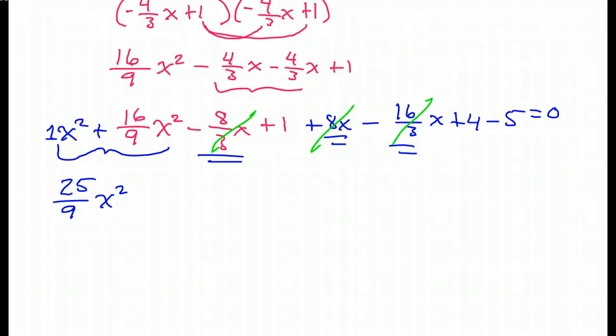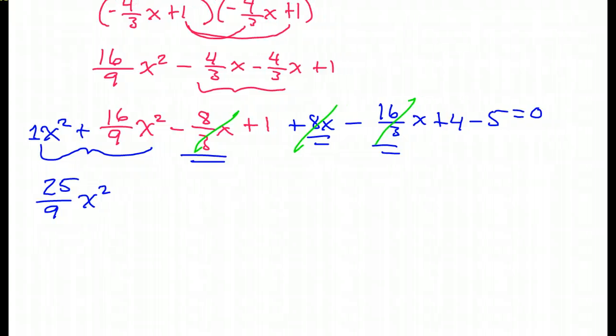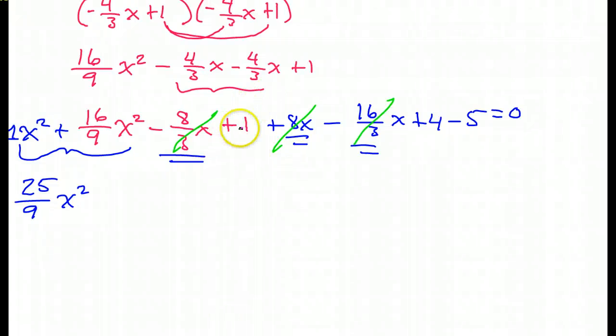Alrighty. That makes things easier. So now I'm going to focus on the constants that are left. Focus your eyes on this, and this, and this. 1 plus 4 is 5, minus 5 is 0.